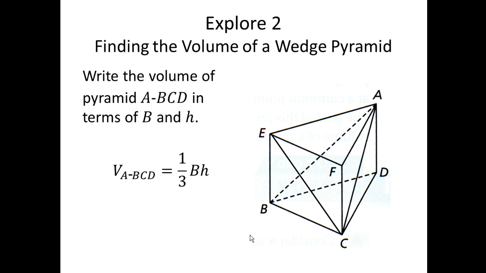Since each one of these pyramids inside of this prism is of equal volume, and there are exactly three of them, it only makes sense that the volume of our wedge pyramid ABCD is 1/3 the volume of the entire triangular prism. This can be expressed in this way: the volume of wedge pyramid ABCD is just 1/3 times the volume of the triangular prism, which we already said is equal to the base of the prism times the height. So now we have the formula for the volume of a wedge pyramid.